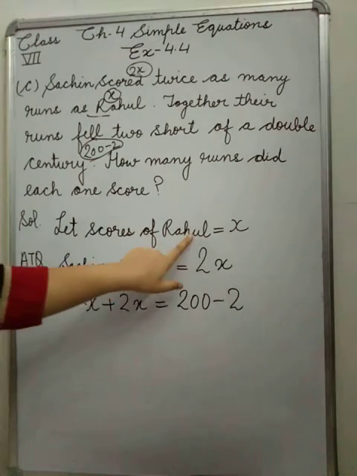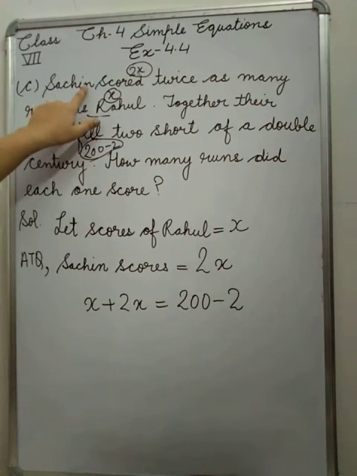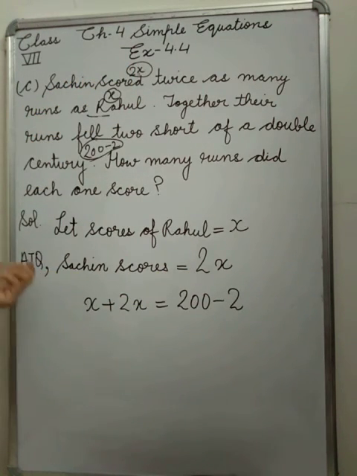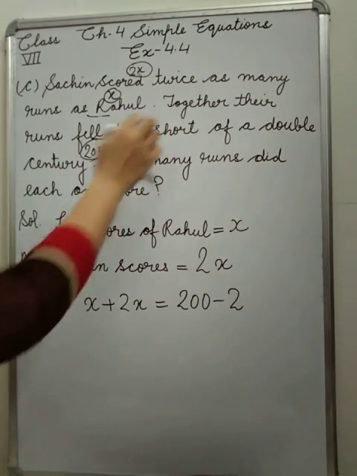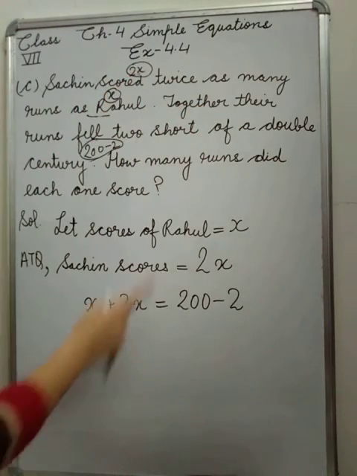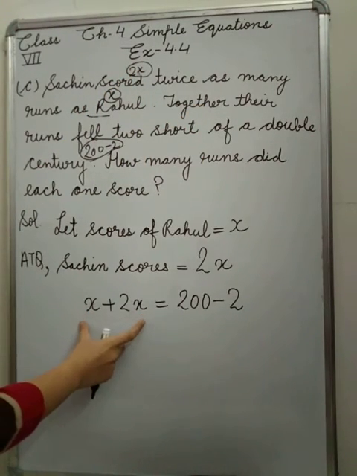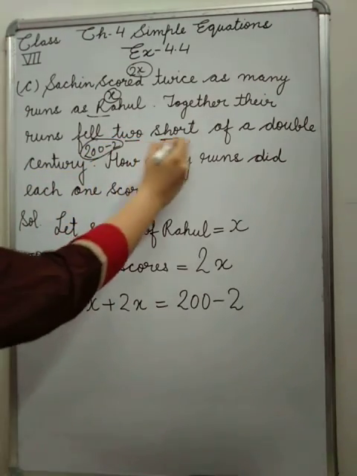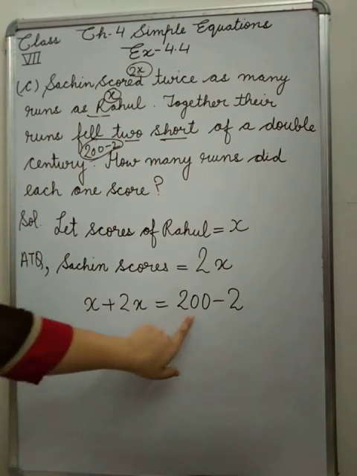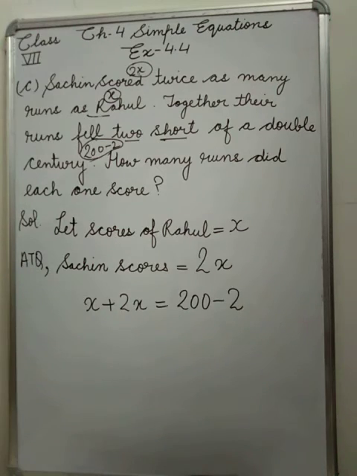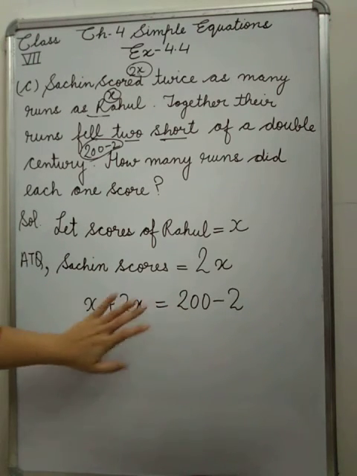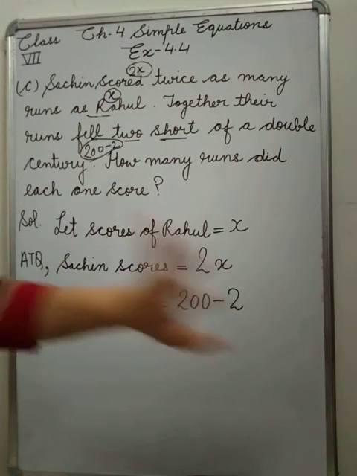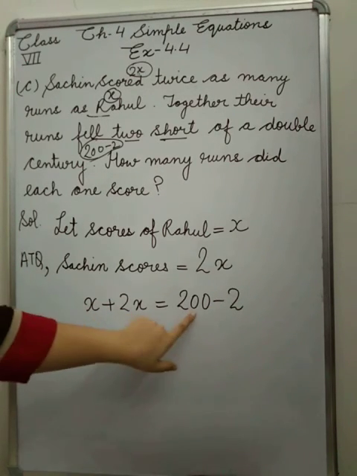So let the score of Rahul be x, and according to the question, Sachin's score is 2x. Now when you add these two together, x plus 2x, their sum will be too short of a double century, by 2. So their sum is 200 minus 2.